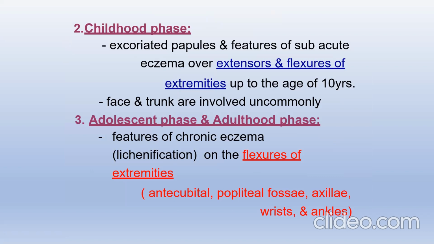In adolescent phase or adulthood phase, it shows mainly features of chronic eczema, that is lichenification, mainly on the flexures of extremities, that is antecubital, popliteal fossa, axilla, wrist, and ankles.